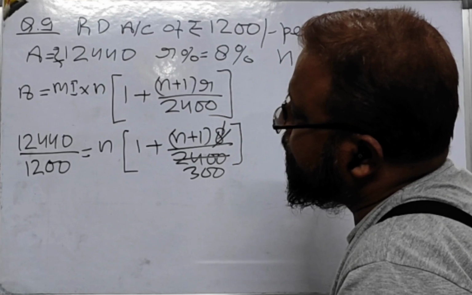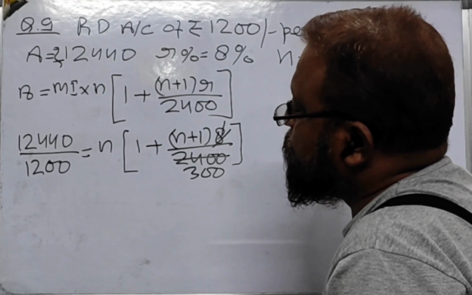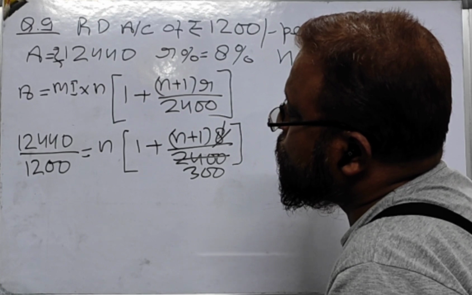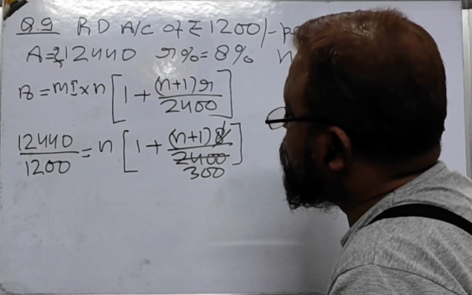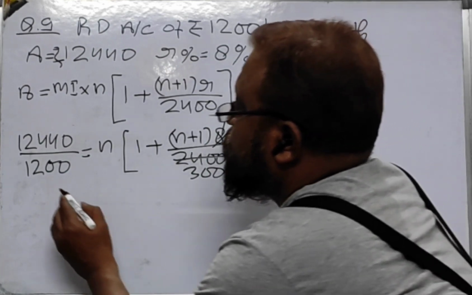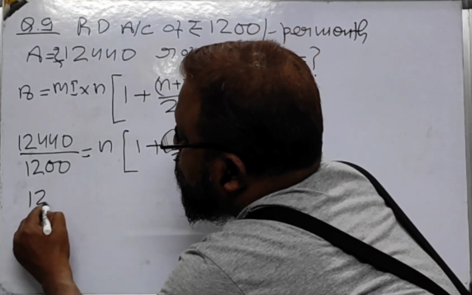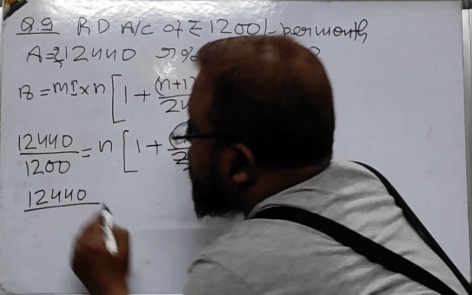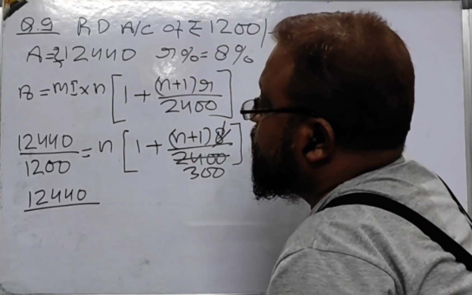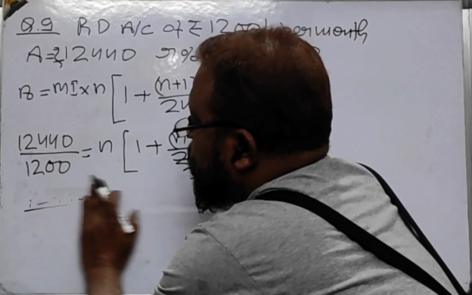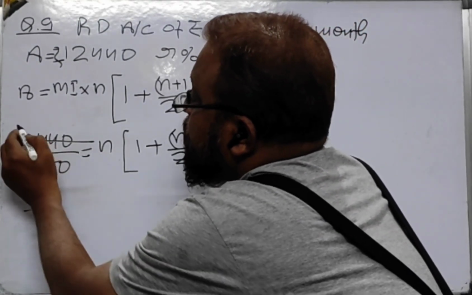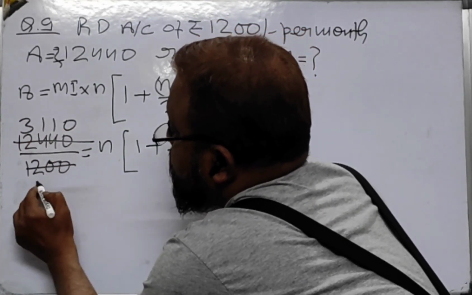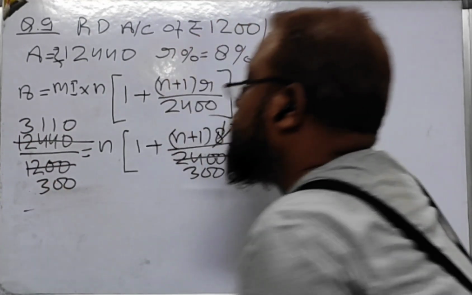Okay, so 12440 upon 1200. If we divide this by 4, 4 threes are 12, we get 3110, and this is 300, right?